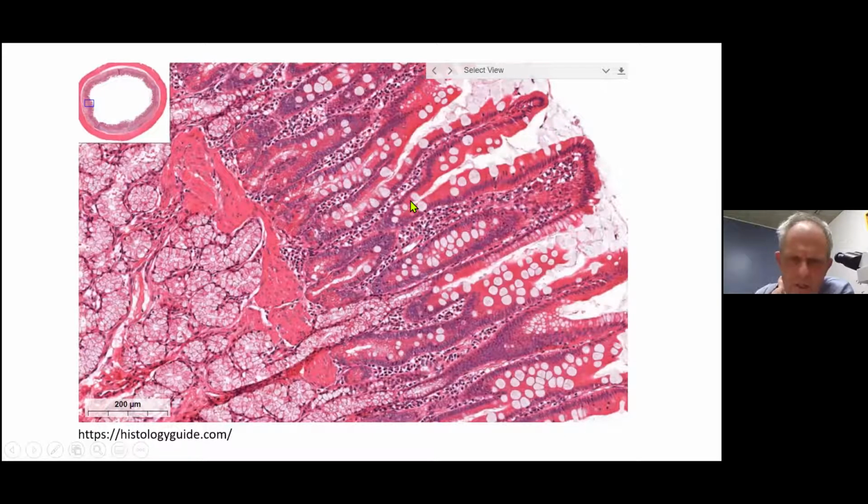And it's important to assess the ratio between the length of the villus and the depth of the crypt. As a rough rule of thumb, there is a wide range expressed in the textbooks, and I think sometimes the textbooks give information that's a little bit too complicated to be useful from a practicing point of view. When I'm looking at a duodenal biopsy, I like to say the normal ratio is 3:1.